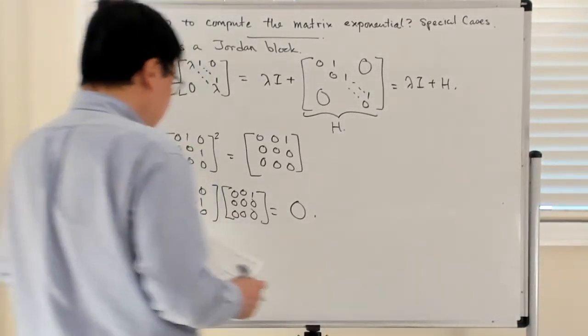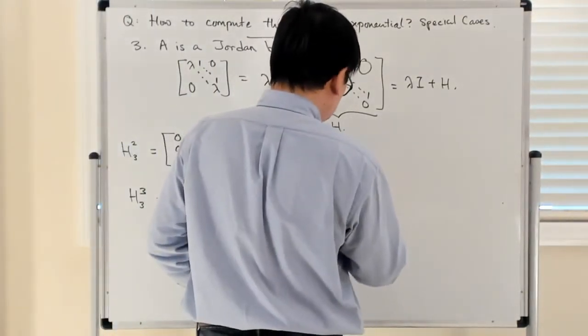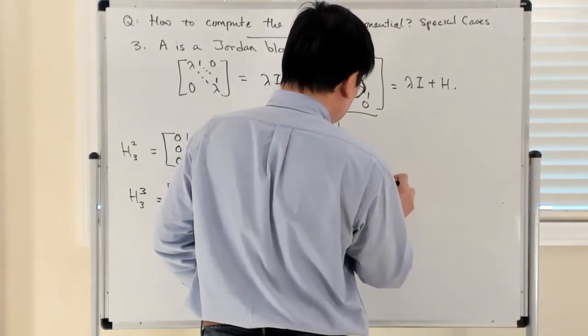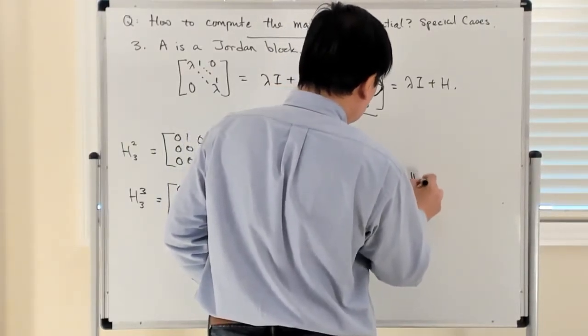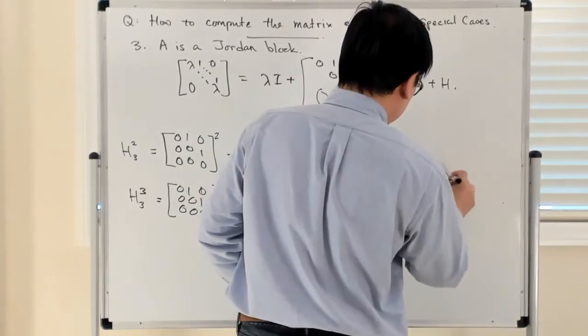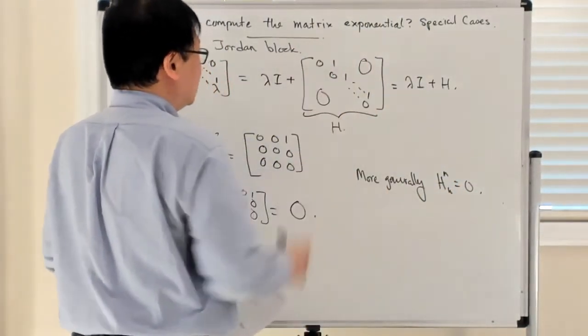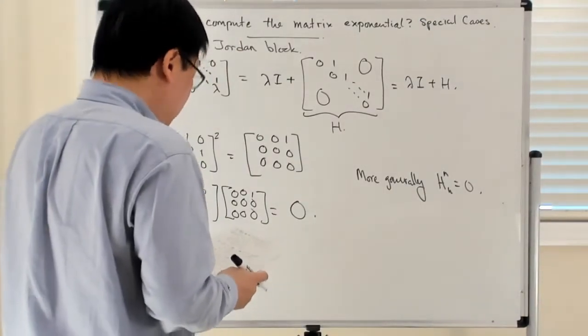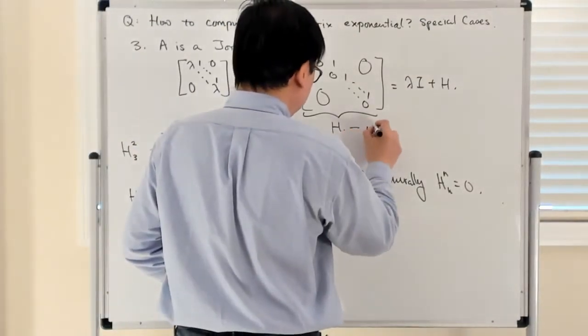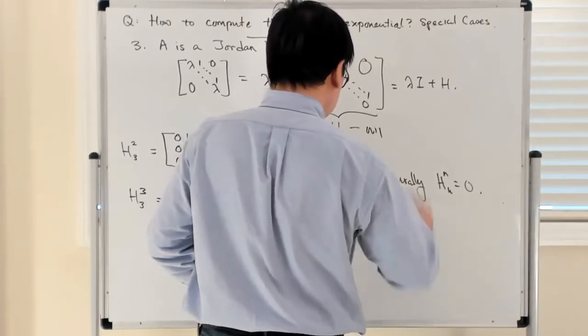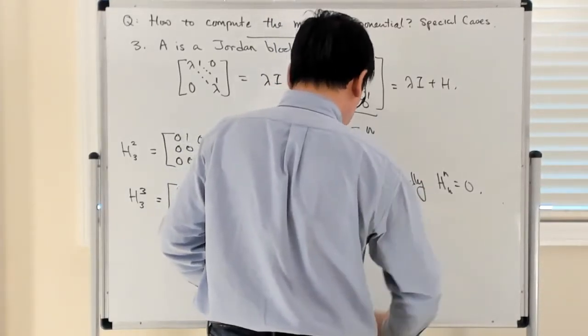So more generally, H_n to the n is equal to 0, where the subscript n denotes the size of this matrix. Okay, so this is what is called a nilpotent matrix. So it's an example of a nilpotent matrix.